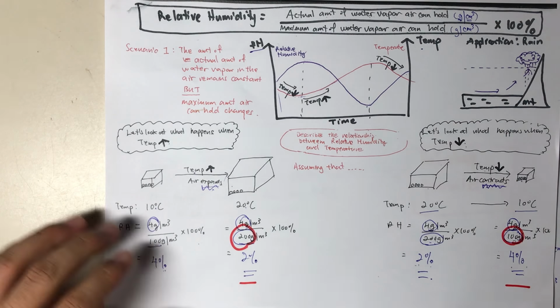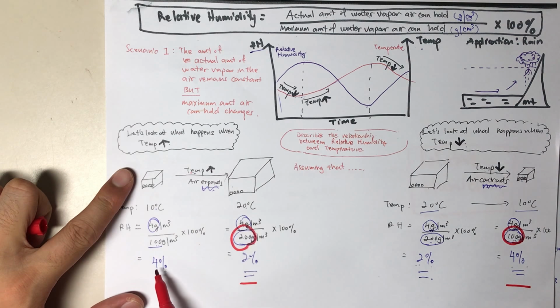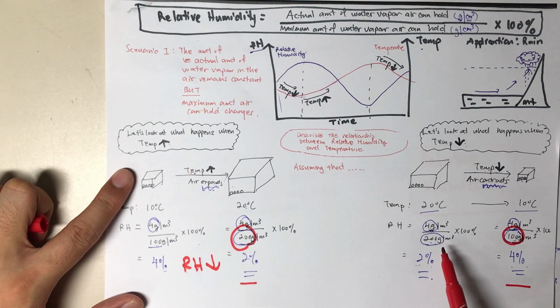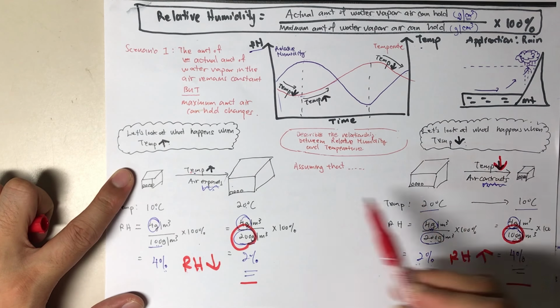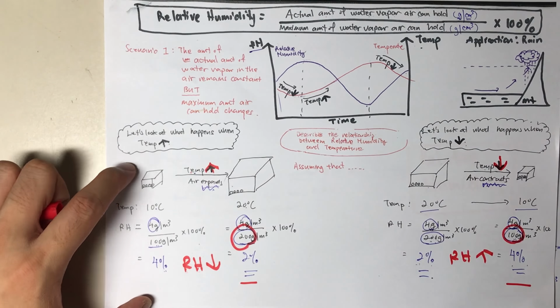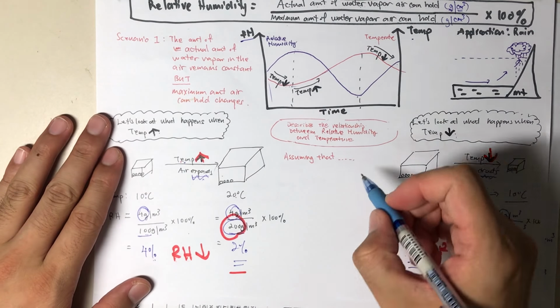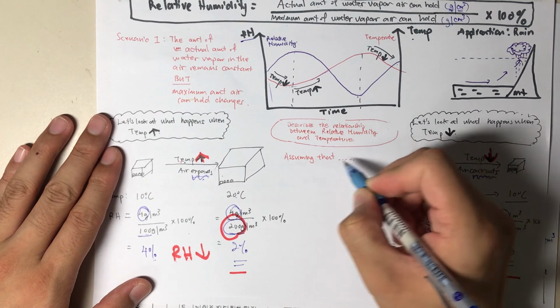So you can see overall the relationship is such that when air temperature goes up, my RH decreases. When temperature went down, my RH increases. You can see it's in opposite direction. And when we have such an opposite direction, mathematically we call the two related in an inverse relationship.